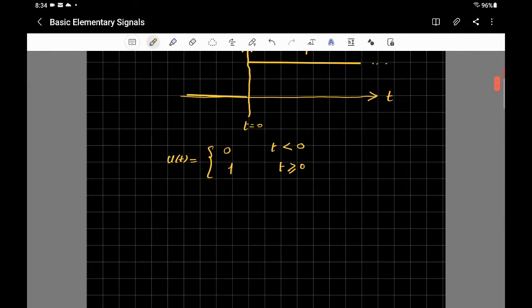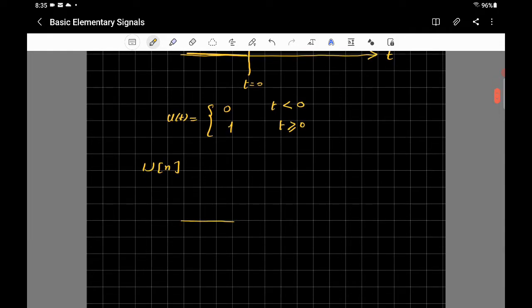As a discrete signal, u of n, how do I represent it? It will be very similar to the continuous time signal, except it has discrete values at discrete times. For any n integer, that's n equals 0, minus 1, minus 2, minus 3, and so on, the value of the function is equal to 0.